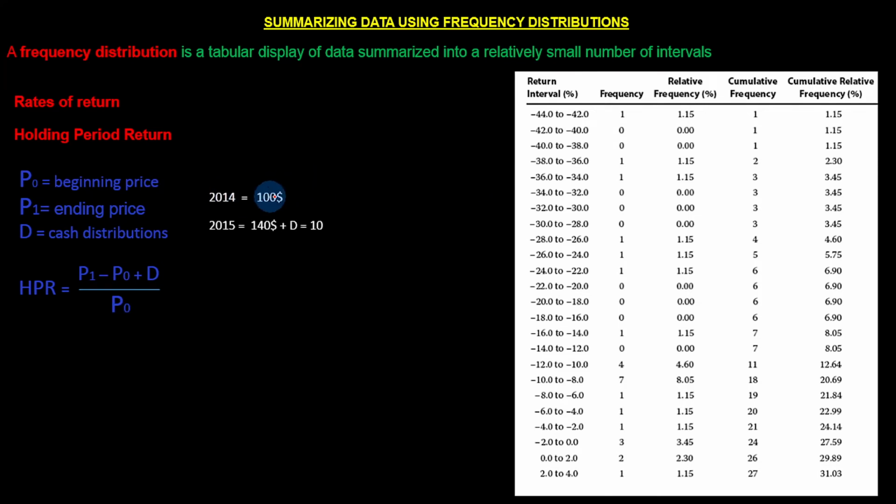Let's say the price of a stock, doesn't matter what stock, in the year 2014 it was $100, and then one year later, 2015, it became $140. And we also got a $10 dividend at the end of the year, right? So pretty easy.